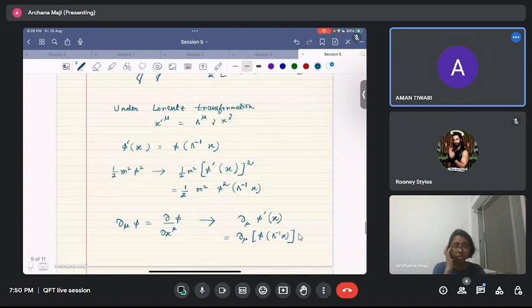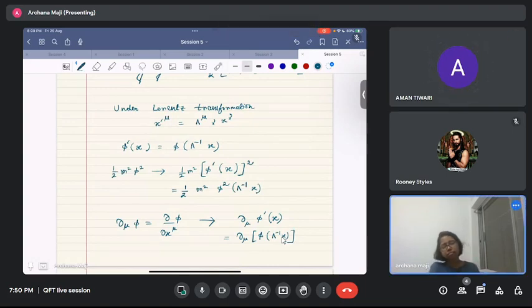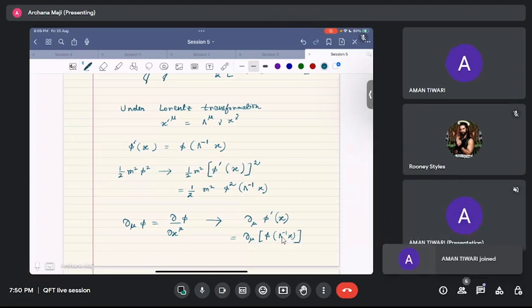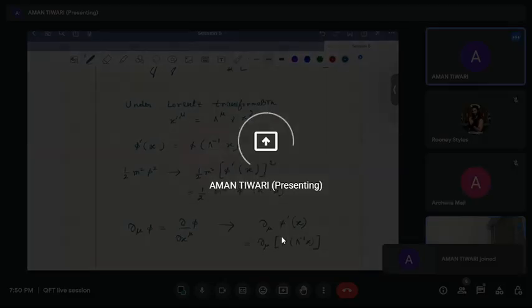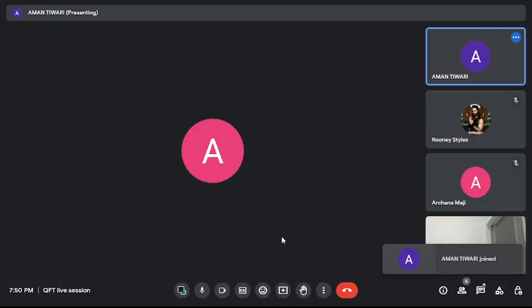Is it showing? No. Can you share your screen? You haven't started sharing yet. Yeah, now it is showing?